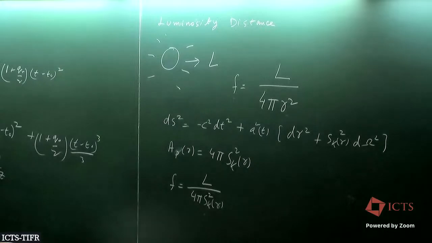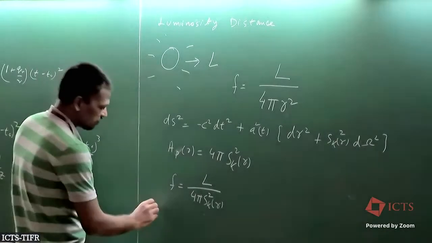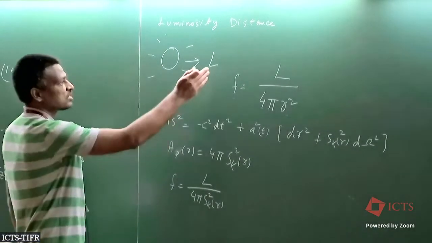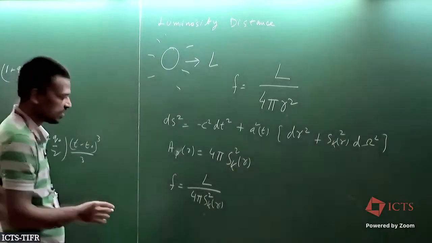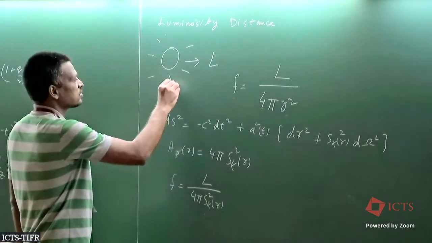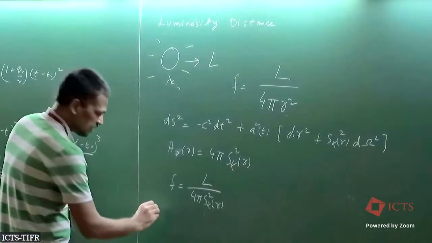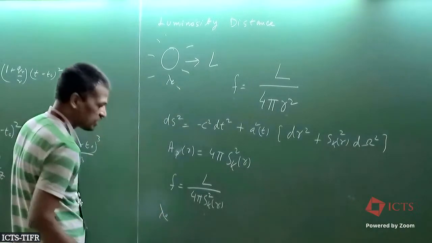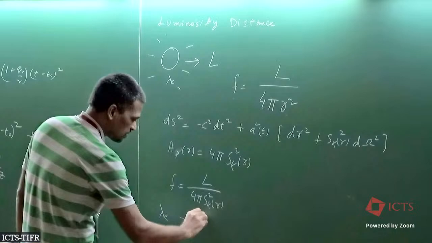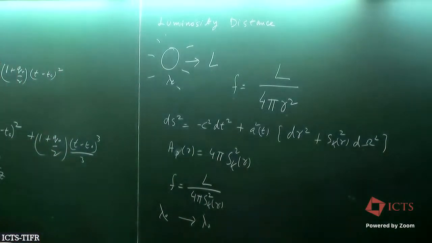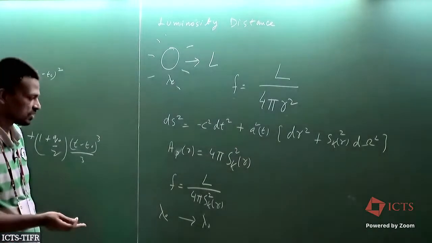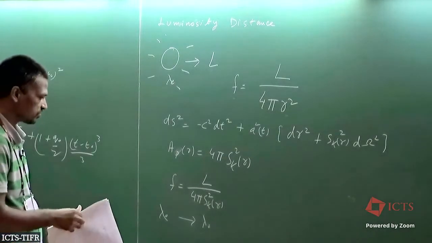There are two more things happening. One thing is, imagine that this luminosity is at some fixed wavelength for simplicity, lambda e. Let's say this object is emitting at lambda e. By the time you observe it, this lambda e will get converted to lambda o, the observed wavelength. And this transition is something which we can write down.